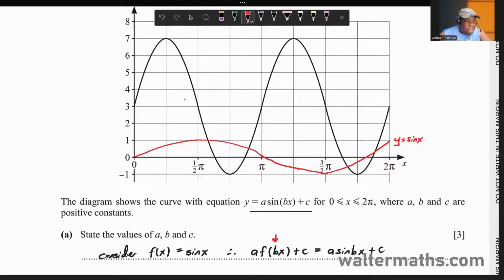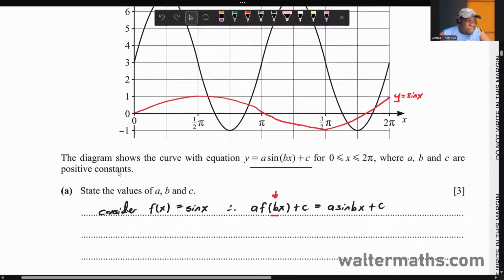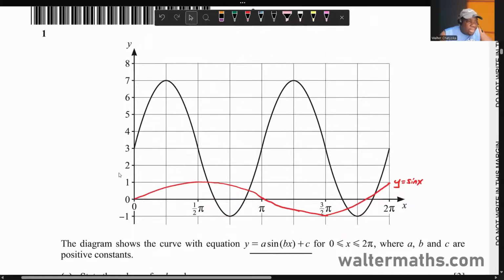Now, if you look at it, if we are considering b, this letter represents a stretch. And by the look of things, if we consider a comparable area, for example, we can take the width within which is the first maximum. So this is the maximum, and this width is comparable to this width of the original graph in which we have the first maximum.